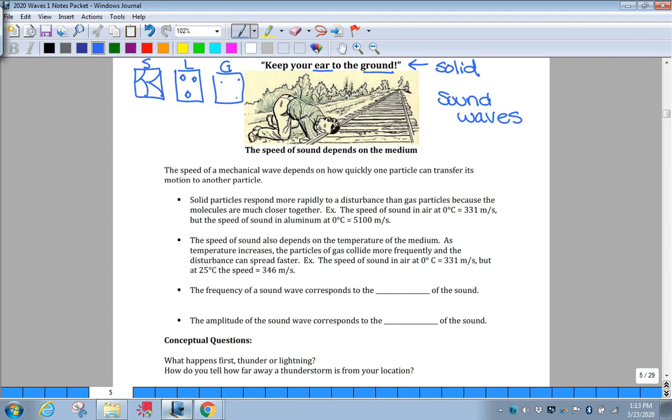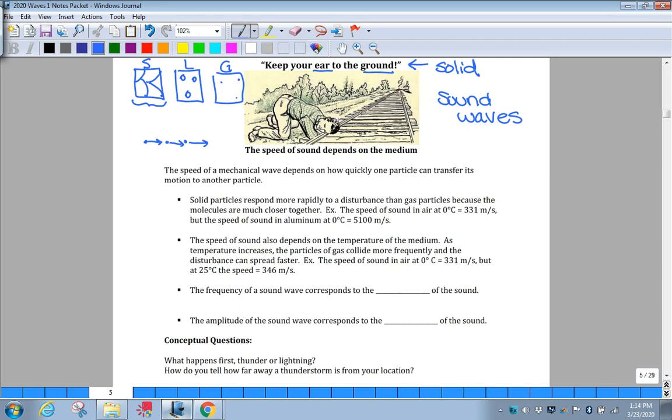To send the signal, this atom has to crash into this atom, which crashes into this atom, and so on and so forth. So if you have tightly packed materials like solids, the information travels more rapidly than it would through a gas.